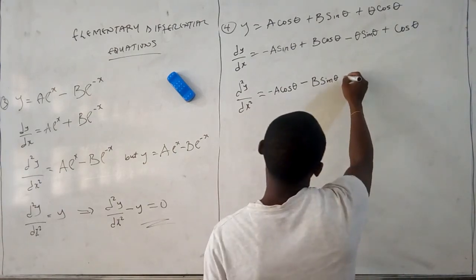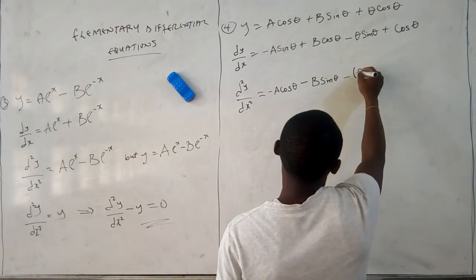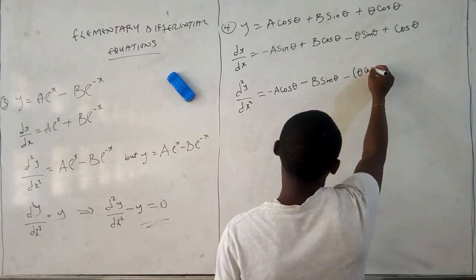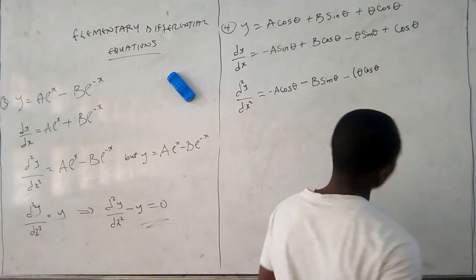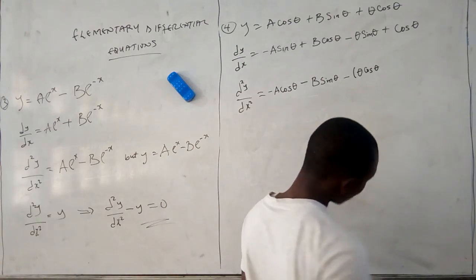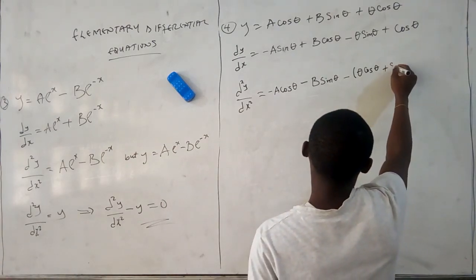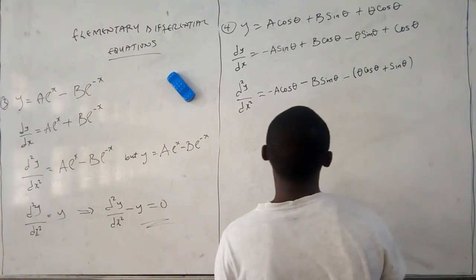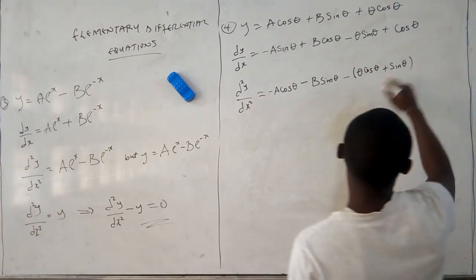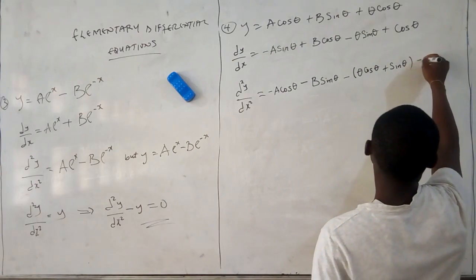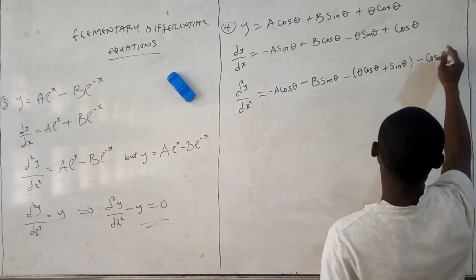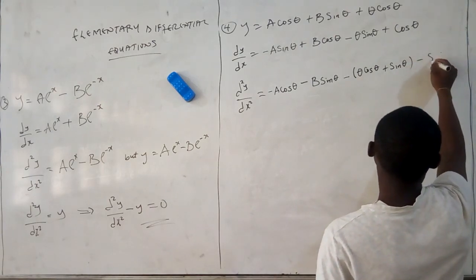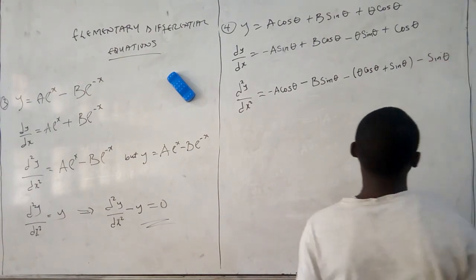You have the minus theta cos theta plus sin theta. Then minus sin theta.